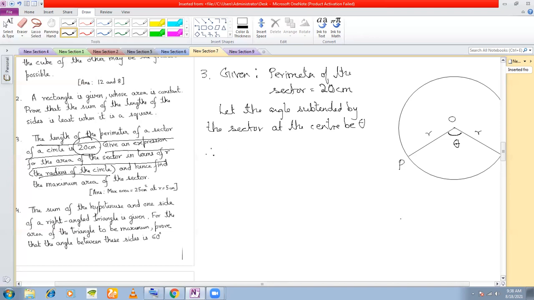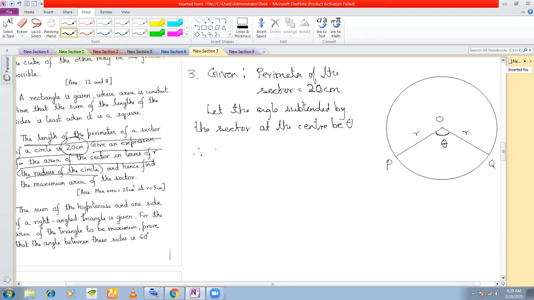So therefore, what is the length of this arc PQ? You can write here, theta is a variable, and also R is a variable. Although R is given to you, R is also a variable because R depends on theta.